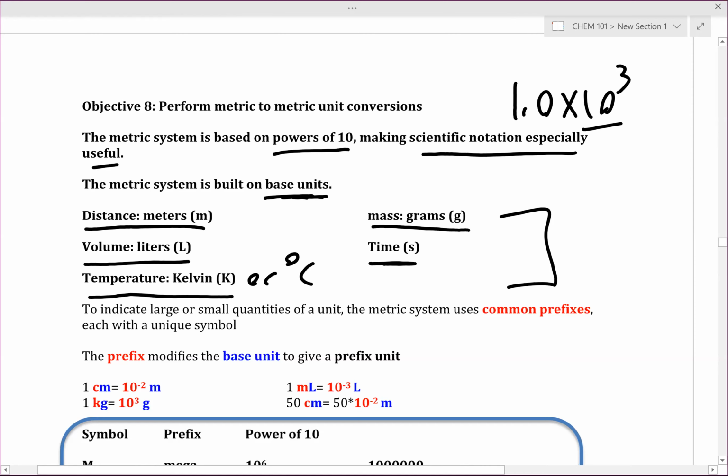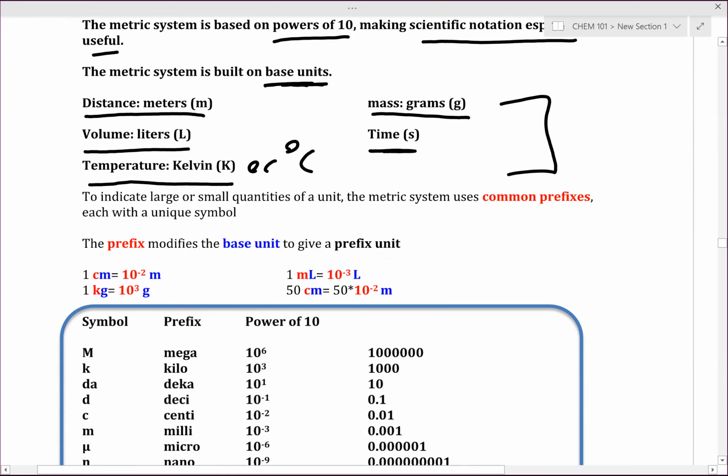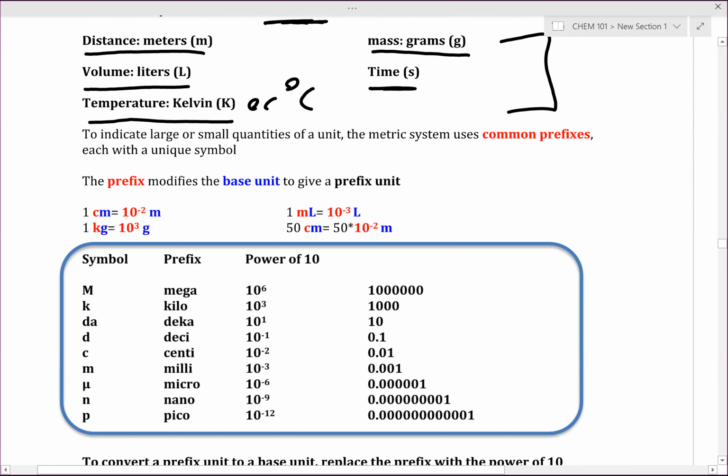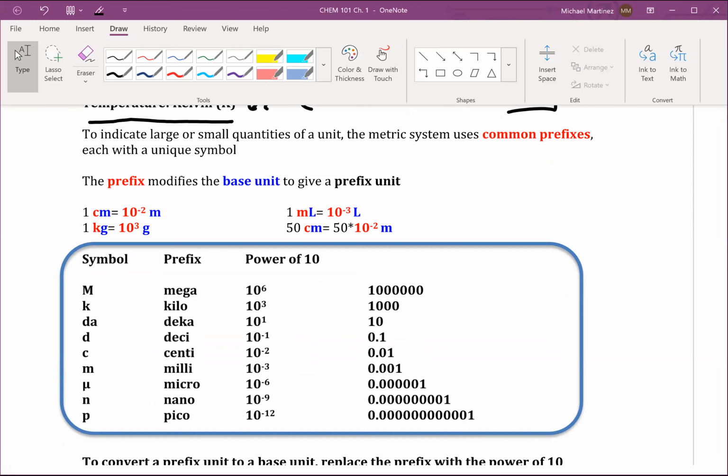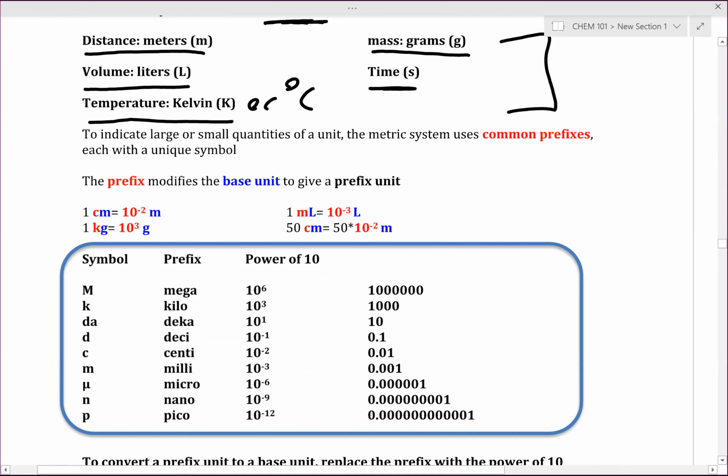Now, the beautiful thing about the metric system is it's built on the idea of taking a base unit and then modifying it using common prefixes, each with a unique symbol. These prefixes are universal and can be applied to any base unit.